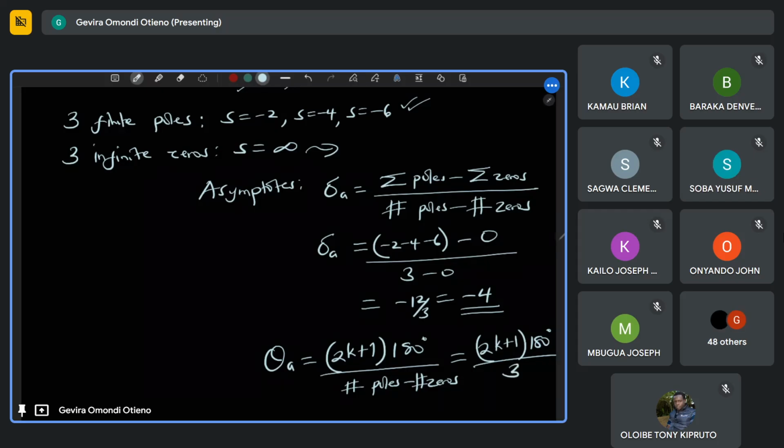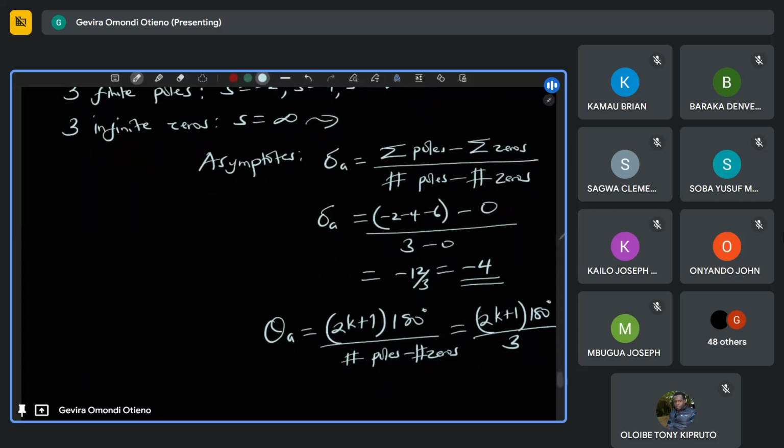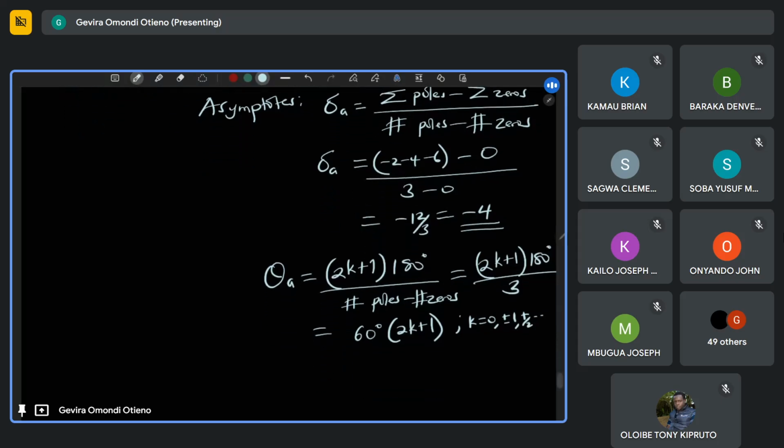This can also be written as 60 degrees times 2k plus 1. You know that k is 0, plus or minus 1, plus or minus 2, and so on, but we are dealing with the positive numbers just for quick illustration.